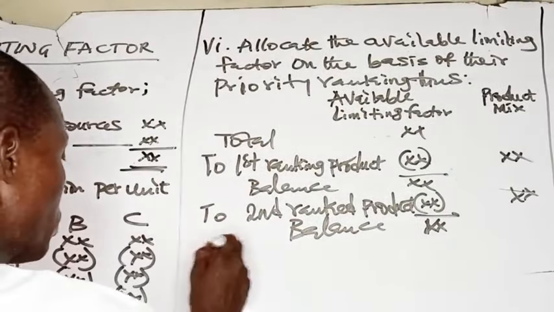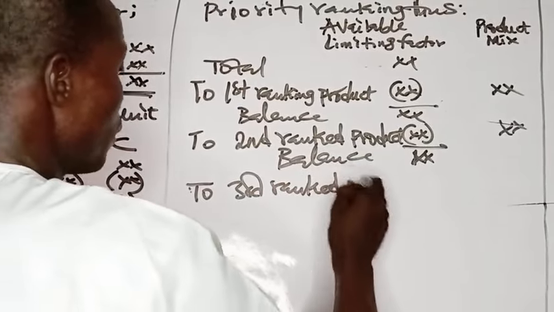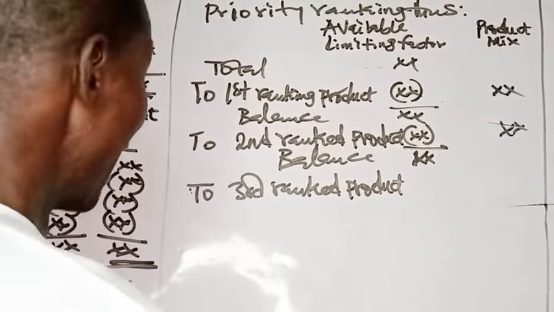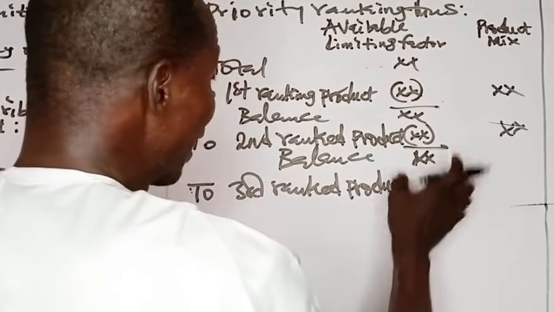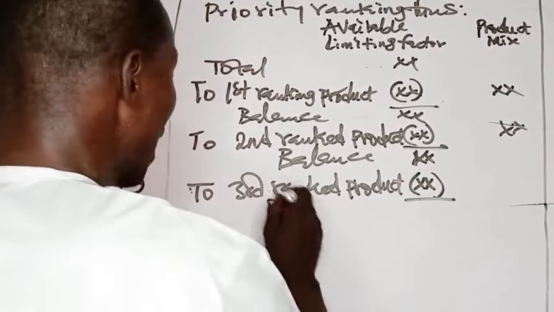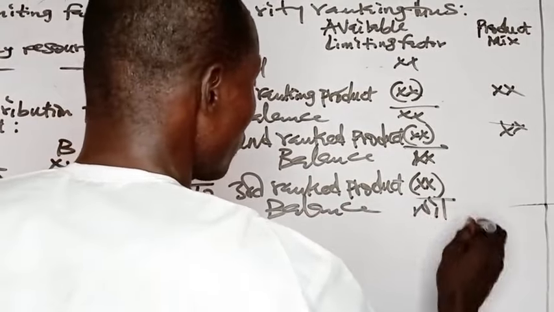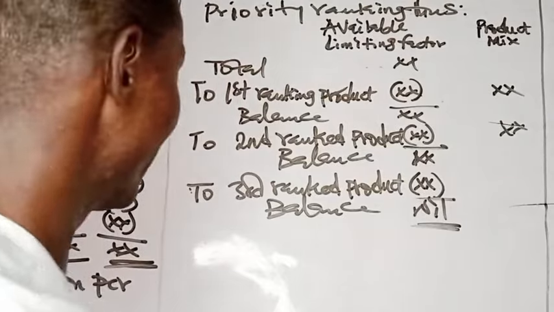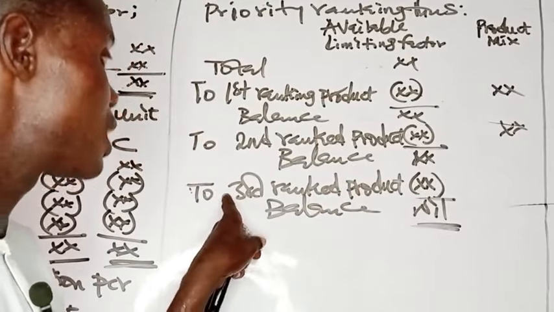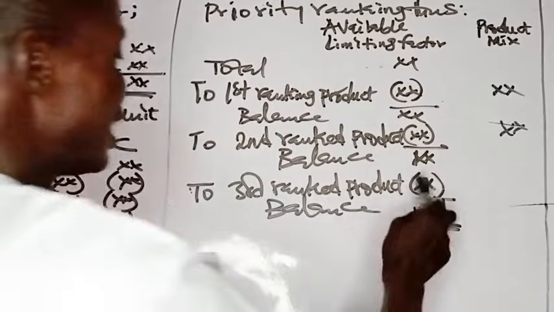Then to the third ranked product, assuming you have three products, what you have as the balance is what you are going to allocate. Then the balance will now be nil. Remember, you don't have sufficient key resources to allocate to this third ranked product. So you will not be able to meet the demand for this product.